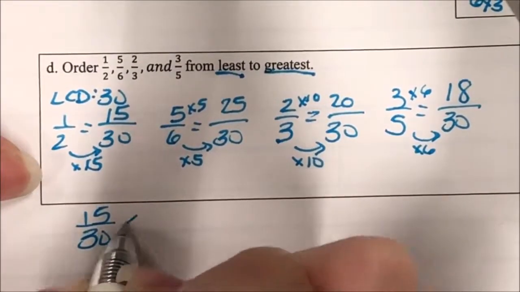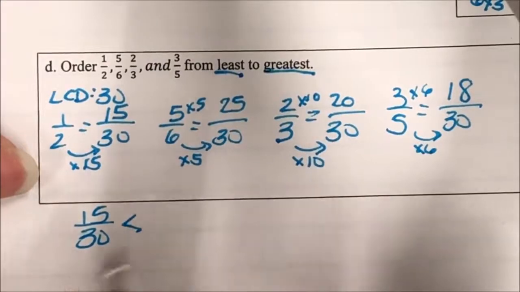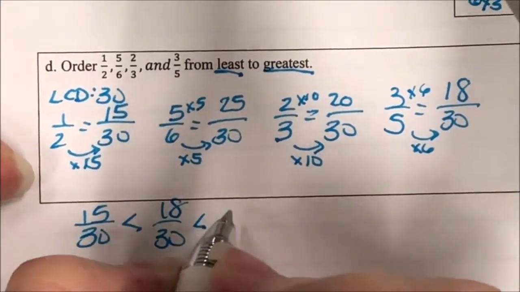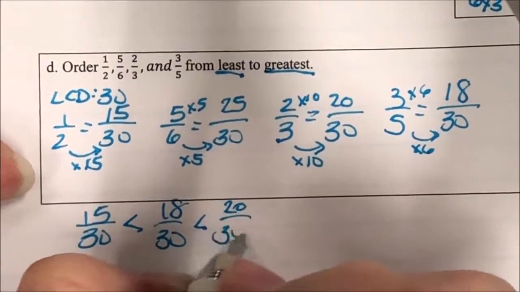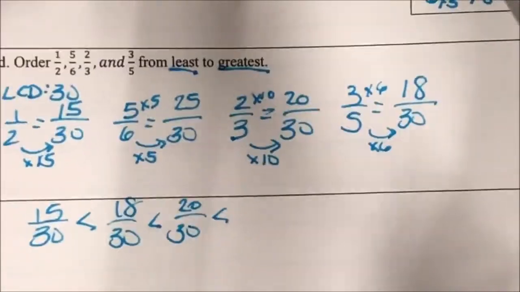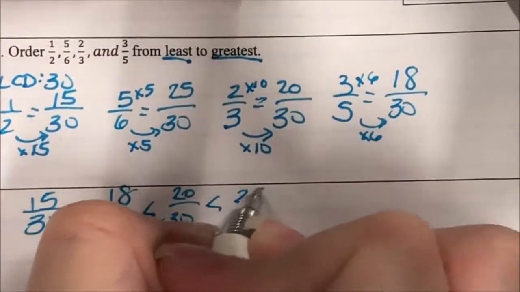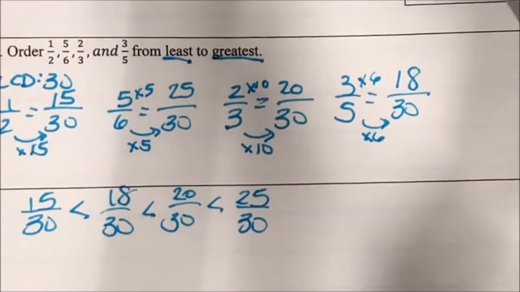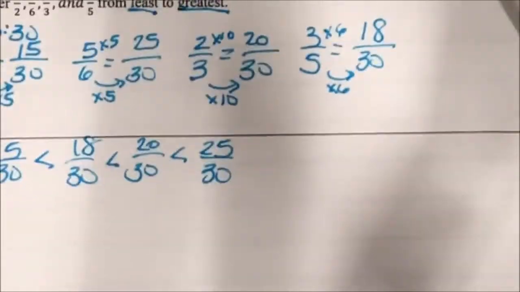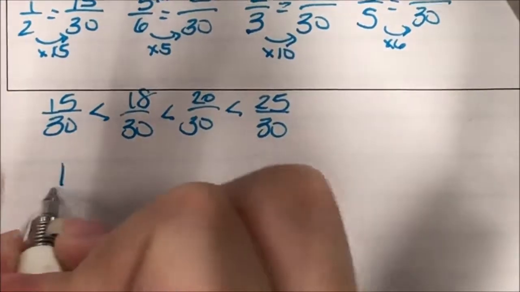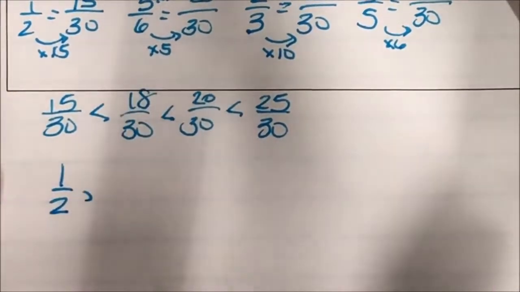Okay, then it's going to be 18/30, then 20/30, then 25/30. Okay, so when I write them in the original form that they gave me, 15/30 was 1/2, so 1/2.